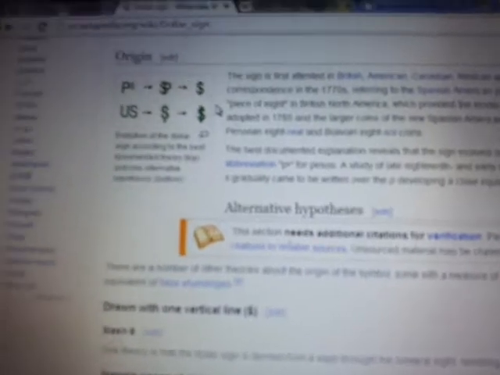The best documented explanation reveals that the sign evolved out of the Spanish and Spanish American scribal abbreviation PS for pesos. A study of late 18th and early 19th century manuscripts shows that the S gradually came to be written over the P, developing a close equivalent to the dollar sign mark.